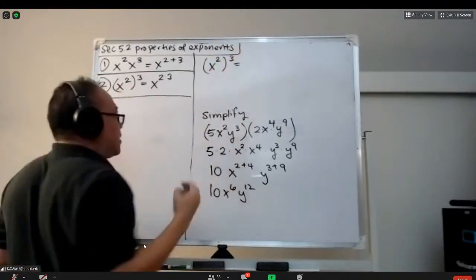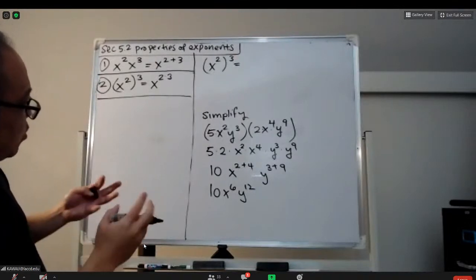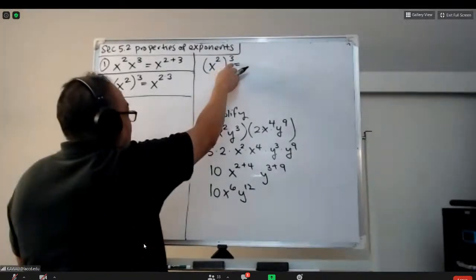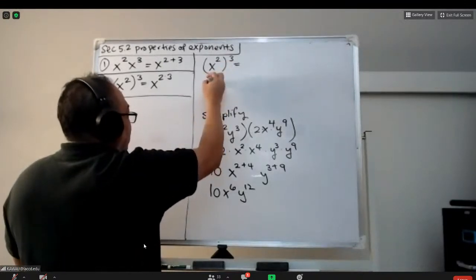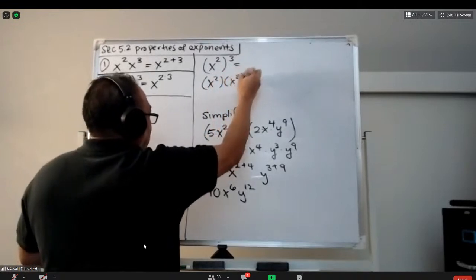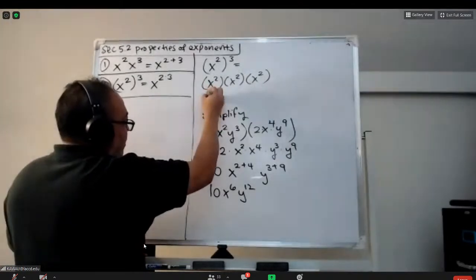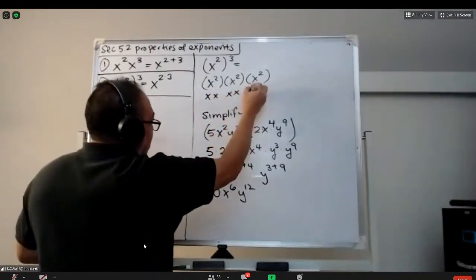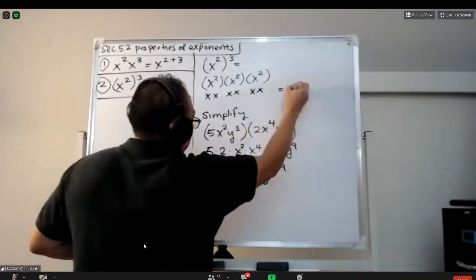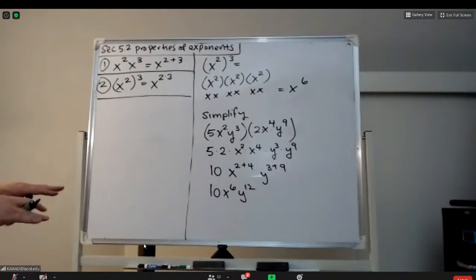When you have an exponent of an exponent, what you want to do is multiply. Now, the reason why is what this is saying is I need 3 of these. And then in each one of these, there's 2 of these. I have actually 6 x's there. So whenever you have an exponent of an exponent, you need to multiply.